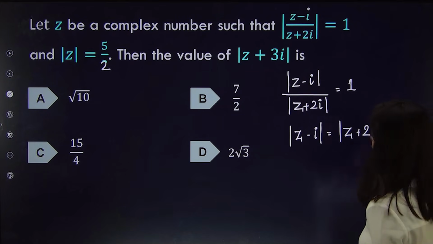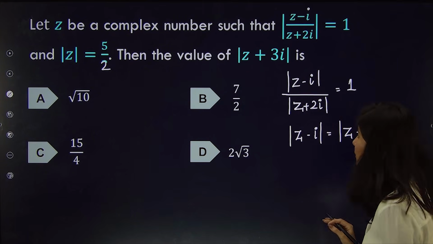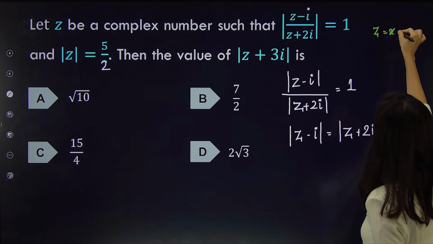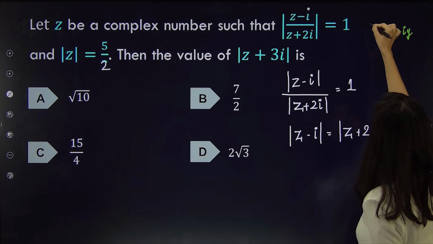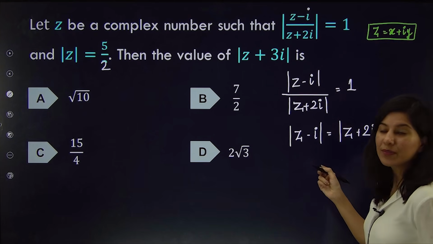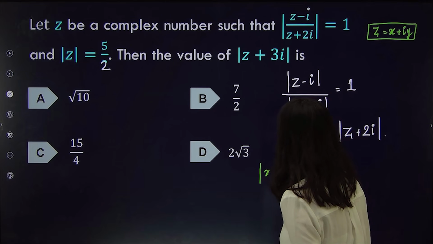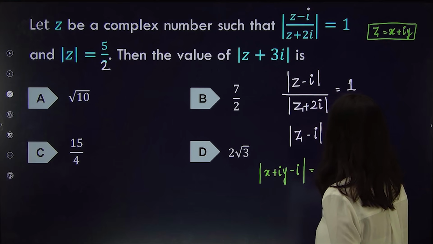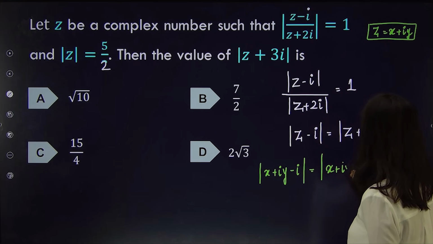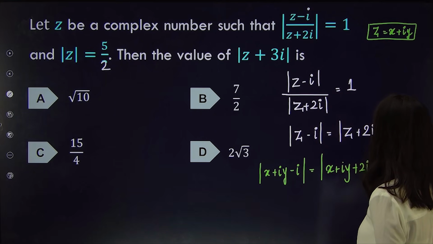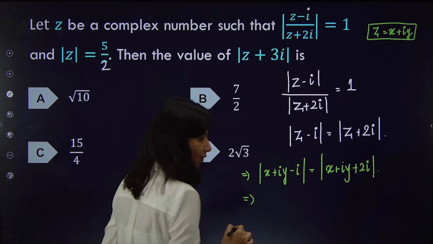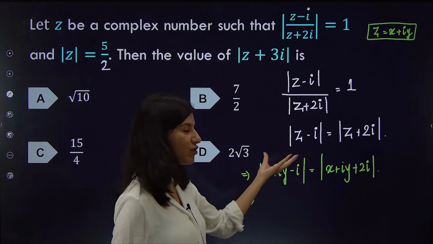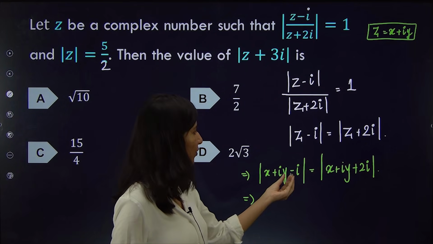We can square both the sides, and also what we can do is check that if z is equal to x plus iy, we only know this thing, right? So we can just plug in x plus iy in place of z. The modulus of (x plus iy minus i) is equal to the modulus of (x plus iy plus 2i).